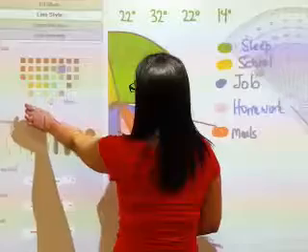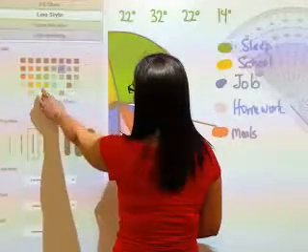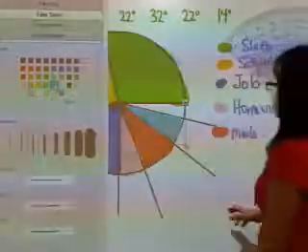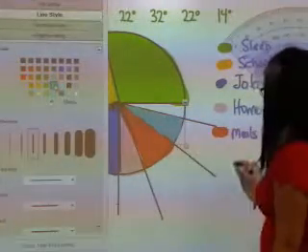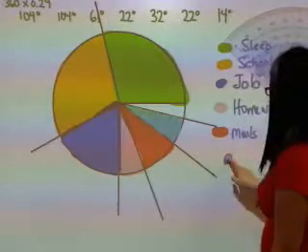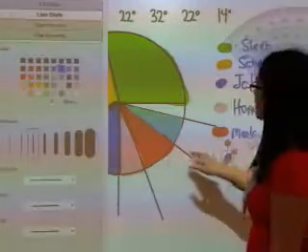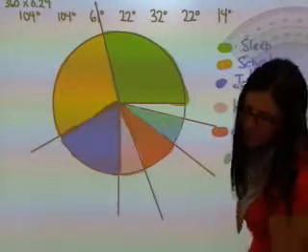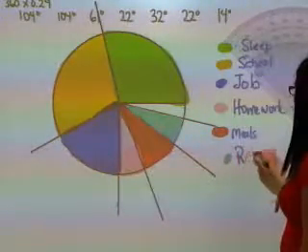Let's see, what could I pick? I could pick teal. And that was for relaxation.